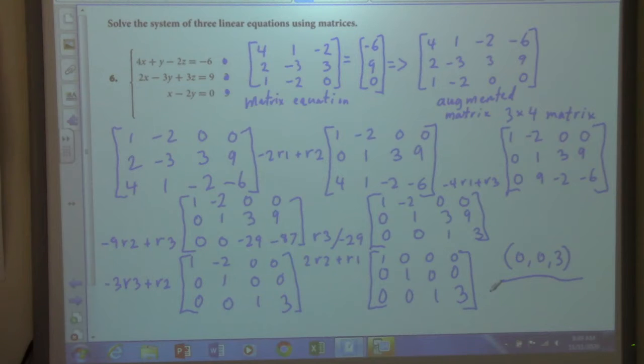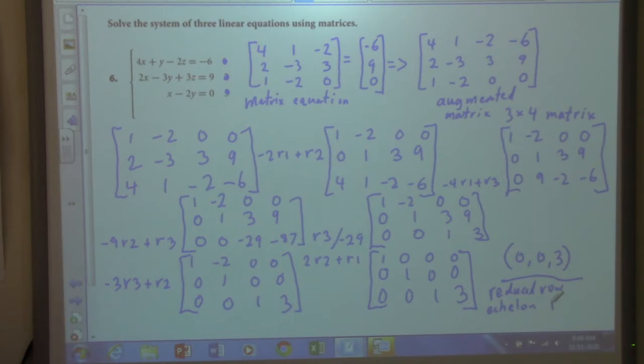And this one here is called reduced row echelon form. Reduced row echelon form.